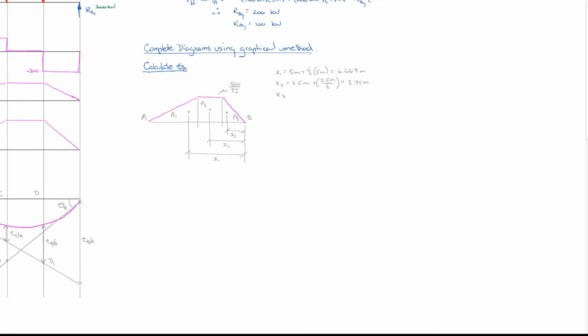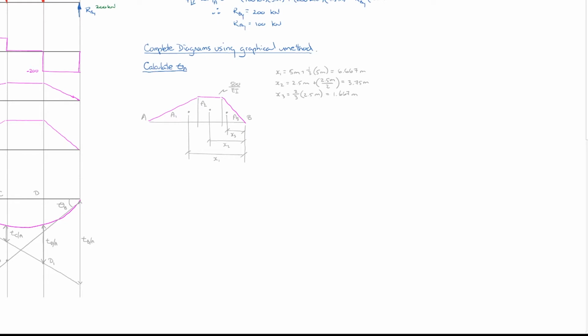And finally, X3, which is equal to 2/3 of the 2.5 meters, or 1.667 meters.